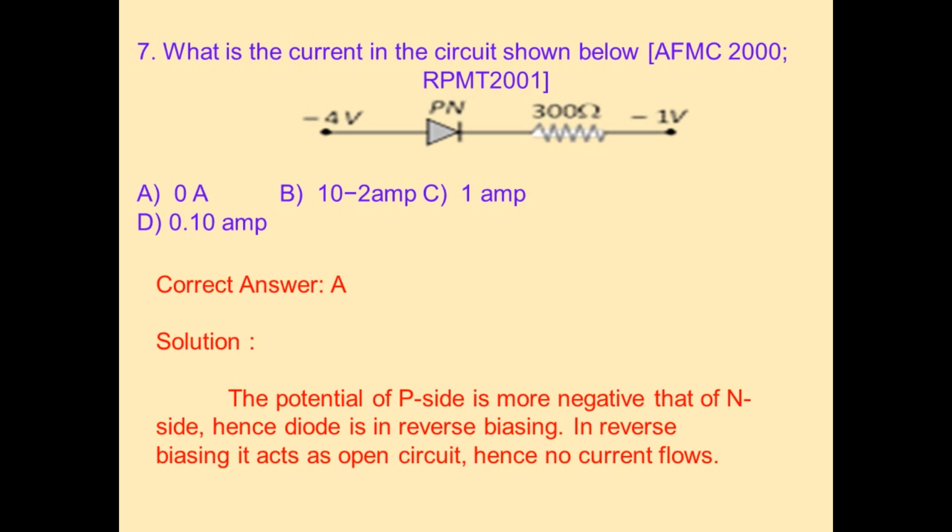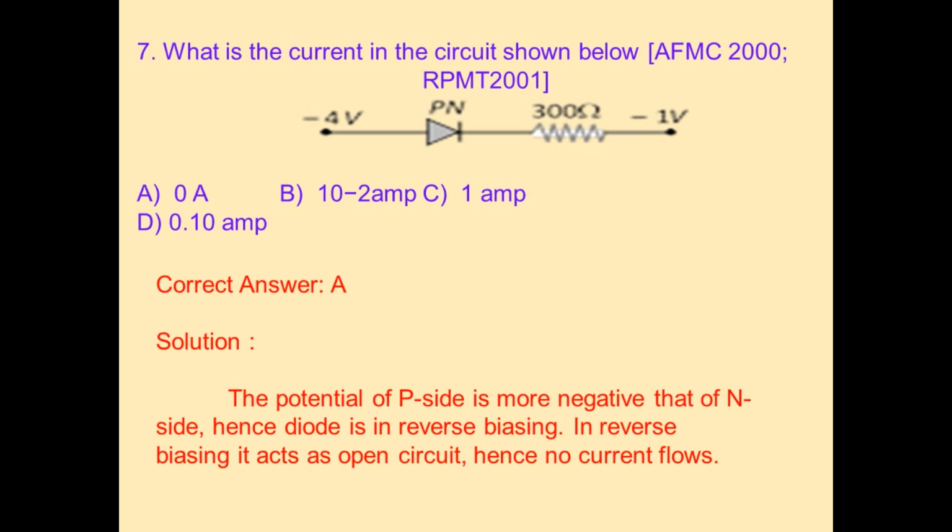Next question. What is the current in the circuit shown in the diagram? This is the previous question only. So, in this problem, a PN junction diode is given.